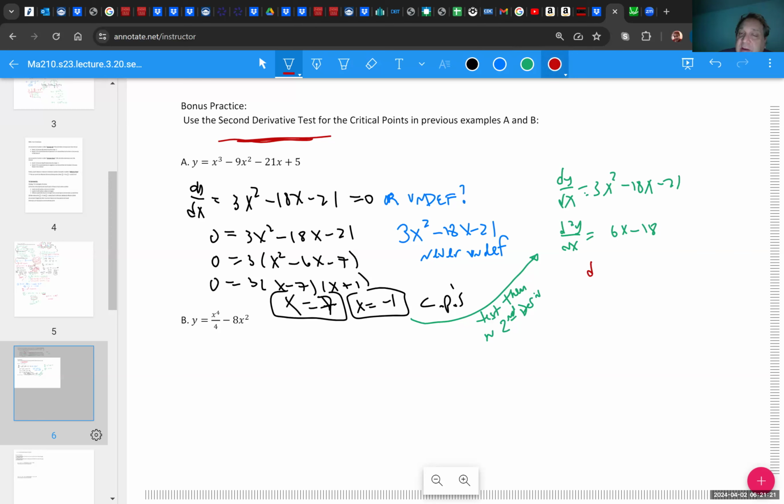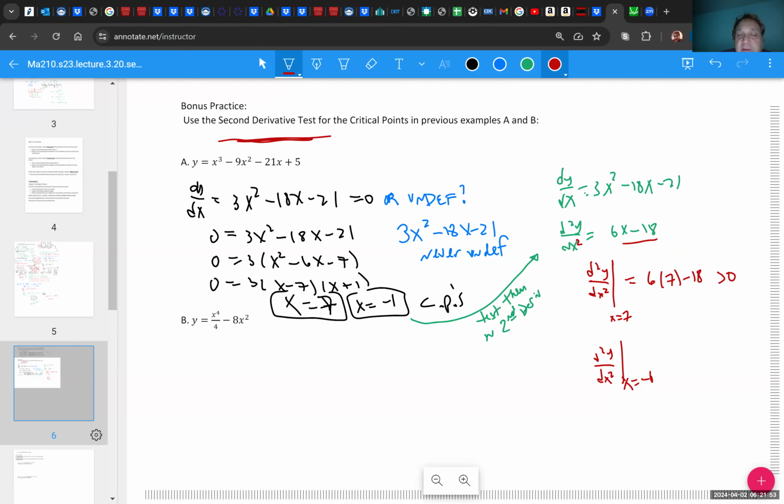We take the second derivative and plug in x equals 7, and then take the second derivative and plug in x equals -1, and use the second derivative test to see if we have a local max or local min. For x equals 7, here's the second derivative: 6 times the x value minus 18. 6 times 7 is 42, and 42 minus 18 is a positive number.